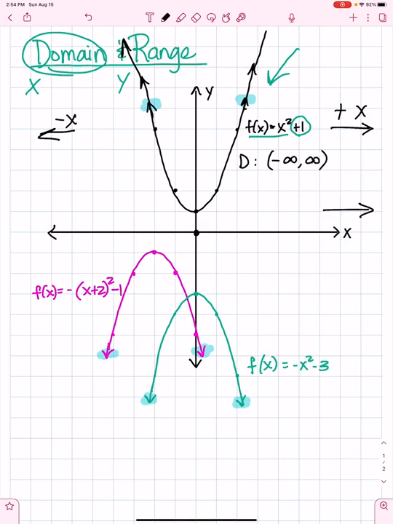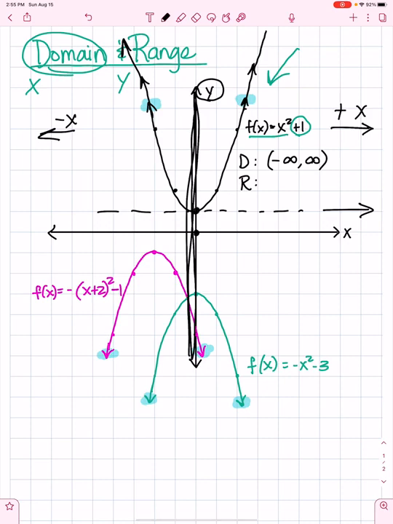It covers basically every x value that's available to us. The range, however, does not do that because the range values for y, see, these are all of the y values right here. Well, if you'll notice, the parabola does not dip down past positive 1. We have a value of y at positive 1 here, and then it goes up forever in this direction.